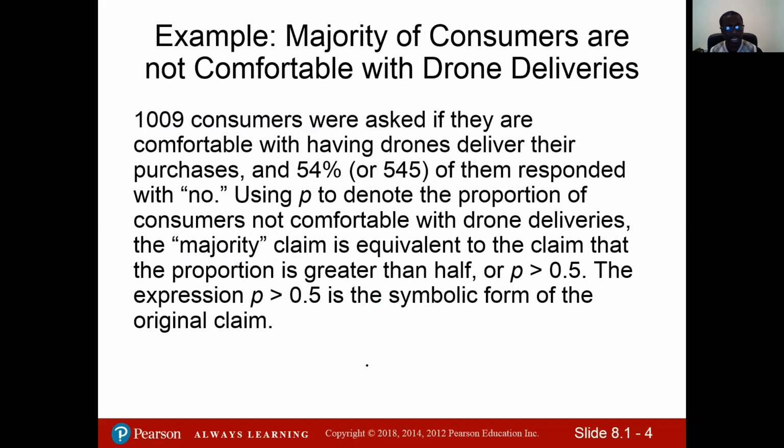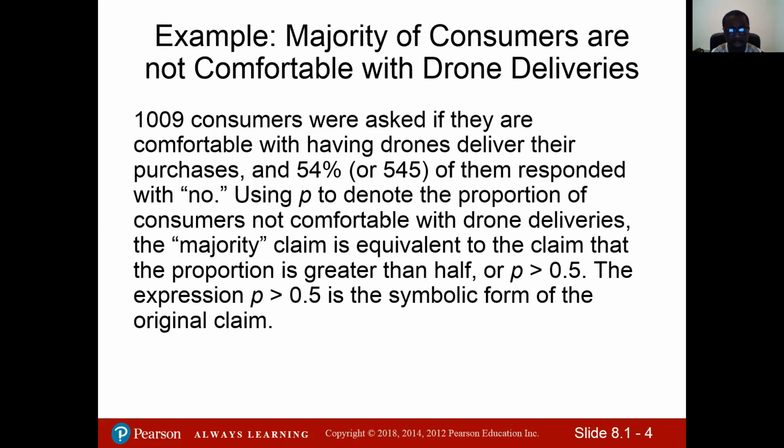Now, let's look at this question. It's about the majority of consumers and drone deliveries, all right? We hear these days Amazon and other companies want to deliver. When you purchase something, the drone will deliver it to you. So there was a survey of 1,009 consumers who were asked if they were comfortable having drones deliver their purchases.